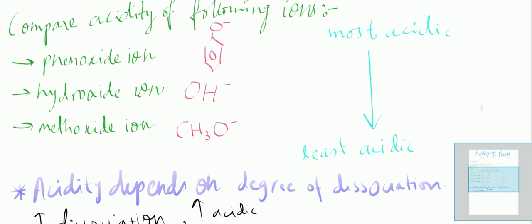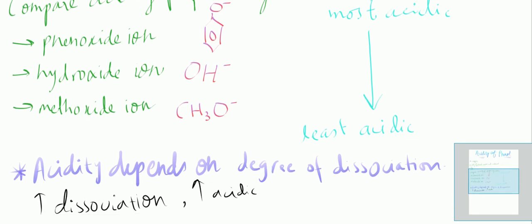And another thing that we need to know is that acidity depends on the degree of dissociation. So if the dissociation is more, then it's going to be more acidic.